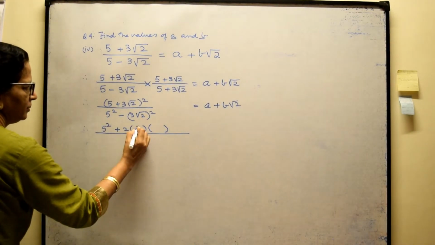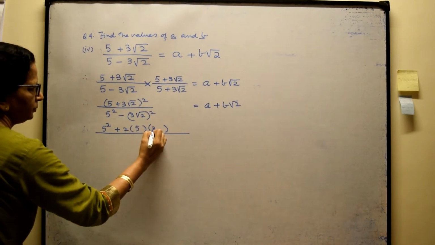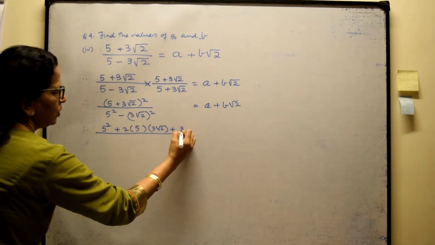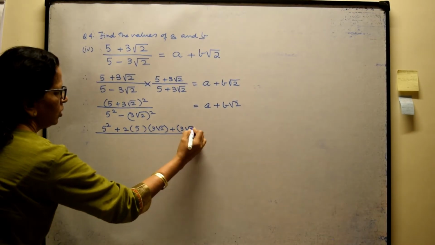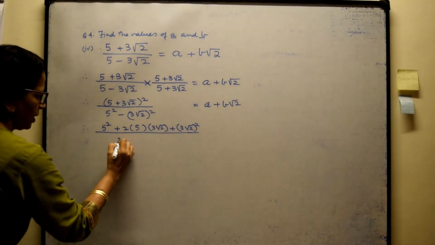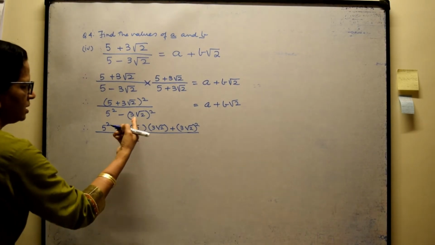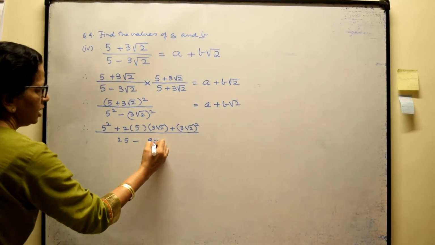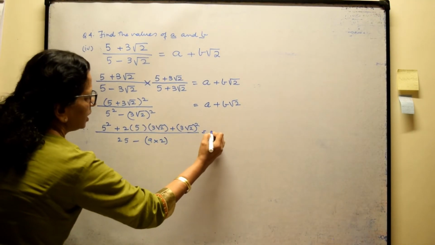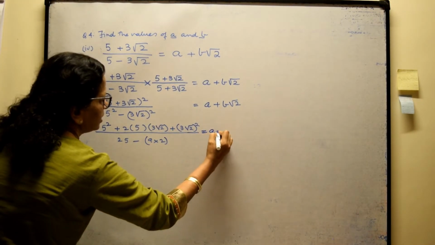What is your a? What is your b? And you will have b square, which is 3 root 2 whole square. In the denominator, 5 square gives you 25 minus 3 square is 9 into root 2 square is 2, and we keep the right hand side the way it is.